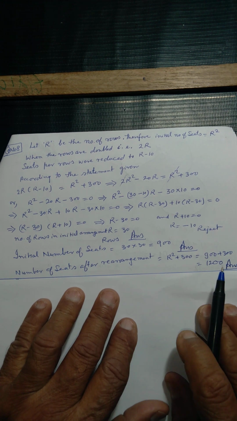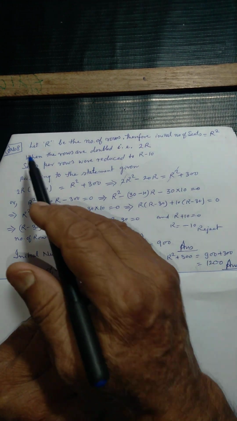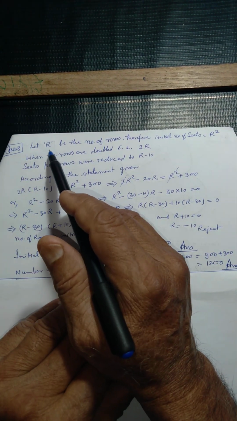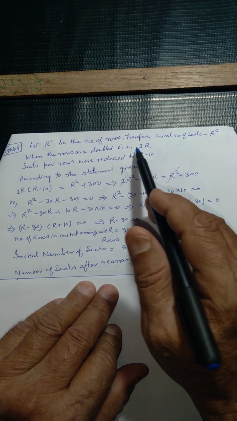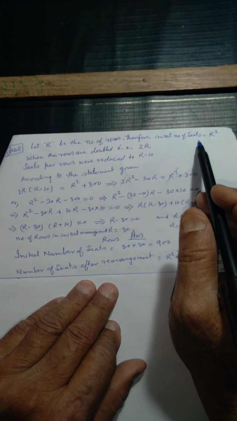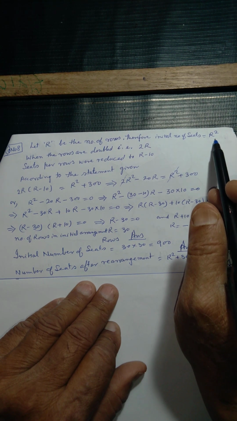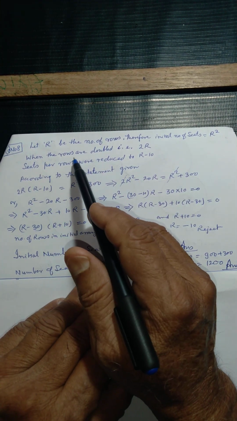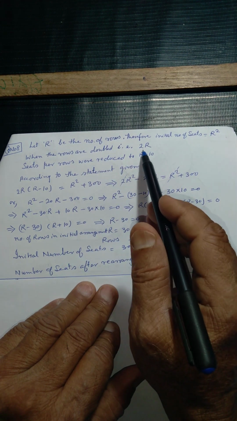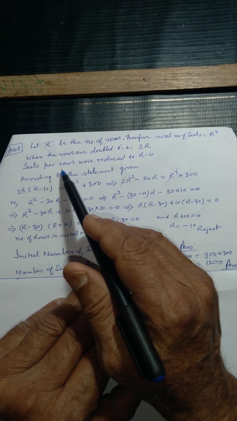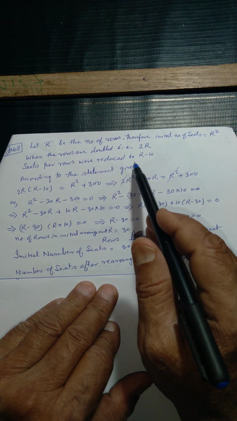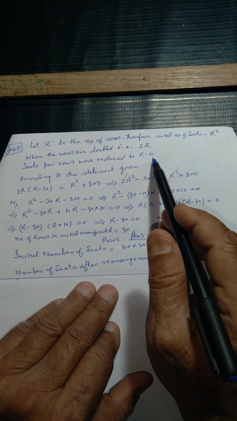Now this question can be proceeded like this. Question number 8, that let R be the number of rows. Therefore, the initial number of seats will be equal to R into R, that will be R square. When the rows are doubled, that is 2R. Seats per row were reduced to R minus 10.